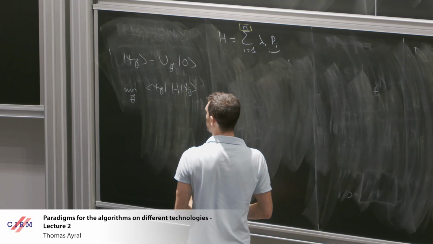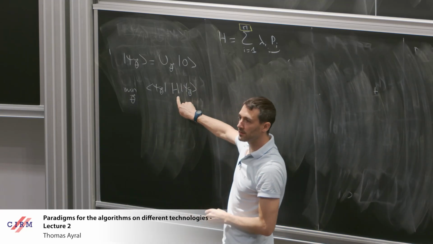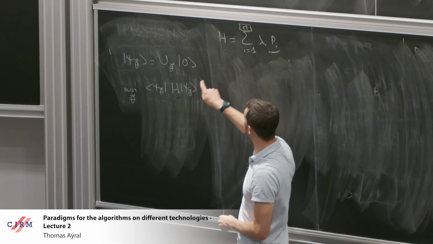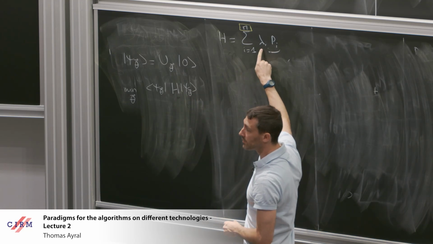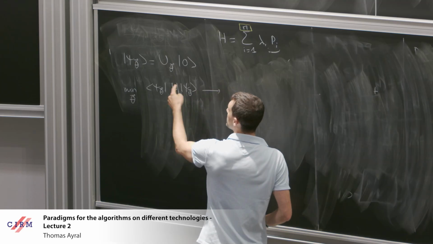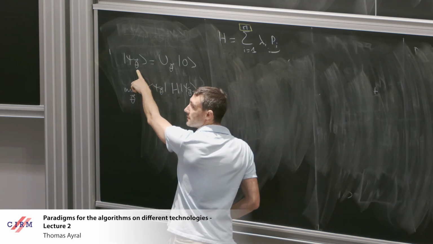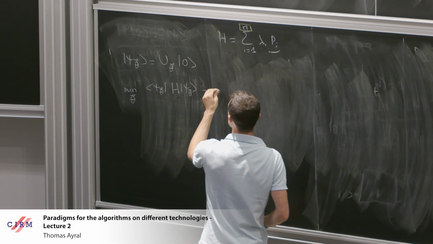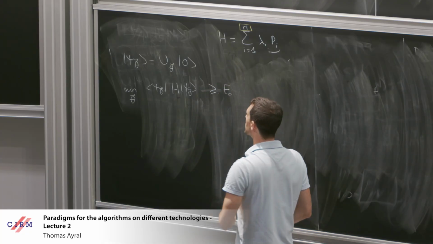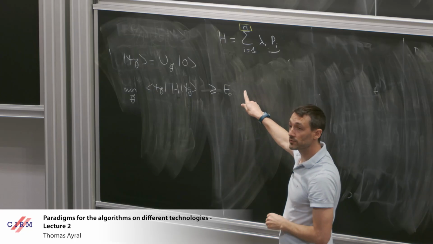It could be a combinatorial optimization problem like yesterday in the QAOA algorithm. It can be quantum chemistry like we will do this afternoon, in which case you already have this decomposition. And by doing so, you hope that if your variational space is expressive enough, this should be close to, actually you're guaranteed that it's going to be larger or equal than the actual ground state energy of your system.